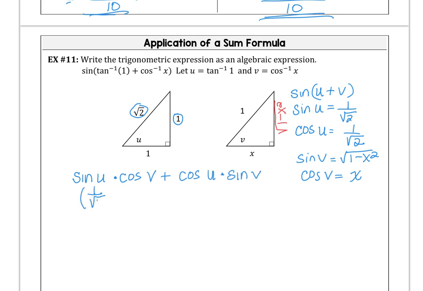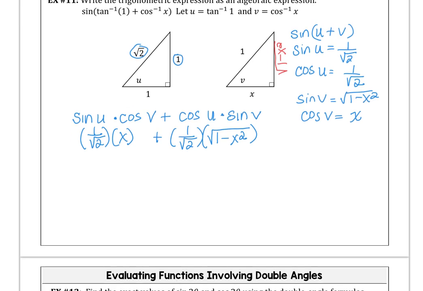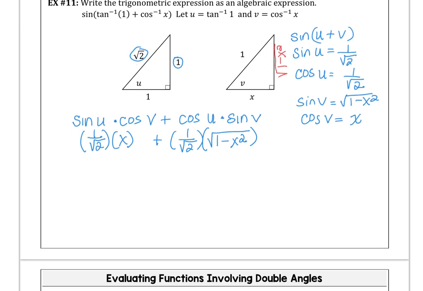1 over radical 2 times x plus 1 over square root of 2 times the square root of 1 minus x squared. Putting all of that together, we have one messy looking fraction.